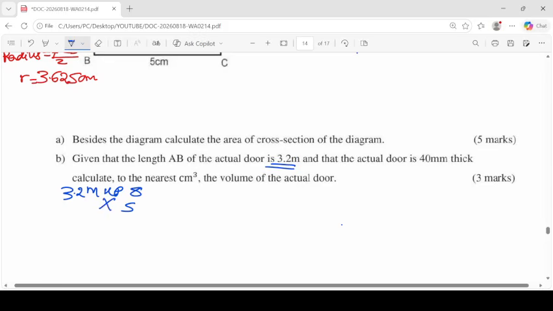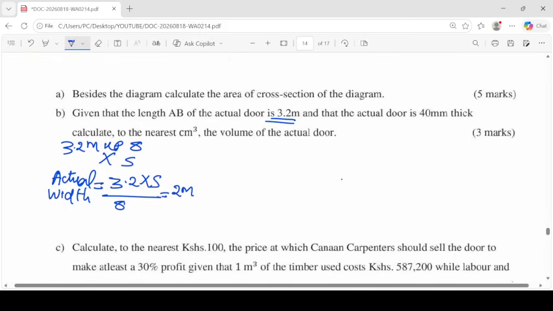So here I want to compute the actual width. To compute the actual width, we are going to have 3.2 times 5 divided by 8, which will give me, when I take 3.2 times 5, then I divide by 8, the actual width becomes 2 meters.